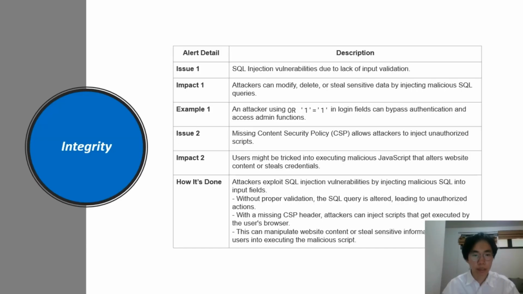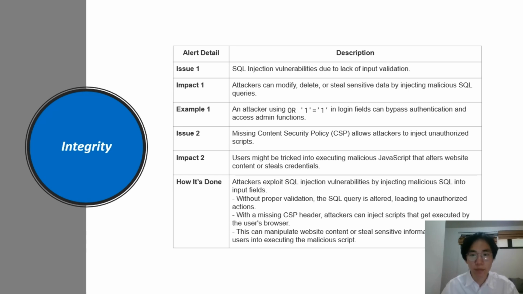And about the integrity, SQL injection and not having a content security policy are the main problems that threaten data integrity. Attackers can get around authentication, and change or steal data through SQL injection. For example, they can use 'or 1 equals 1' to get past login verification.